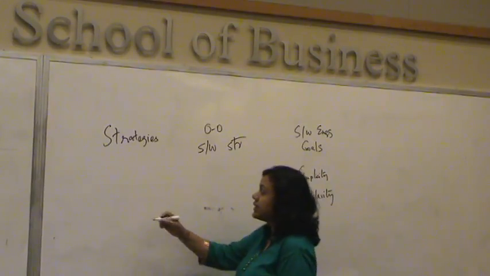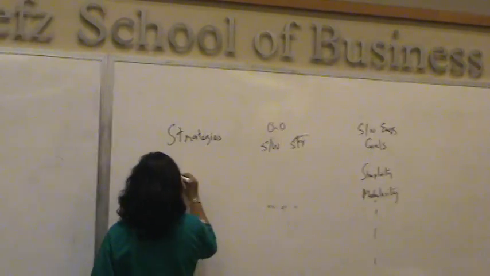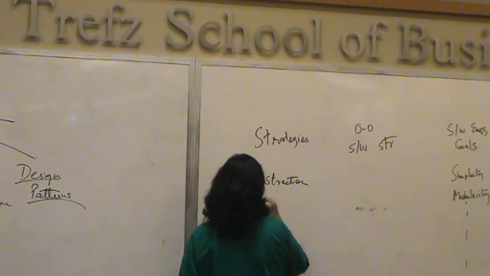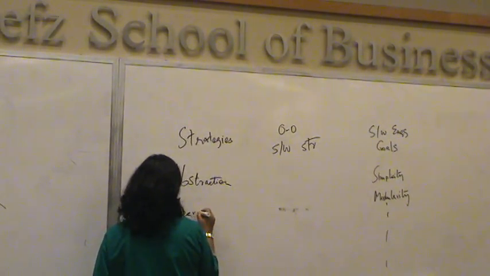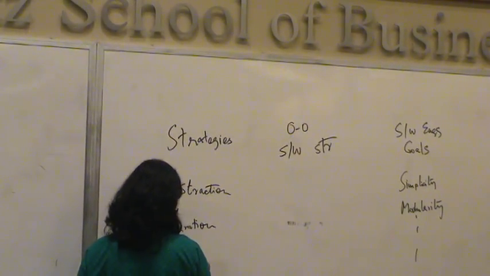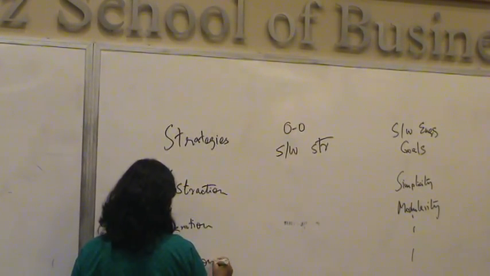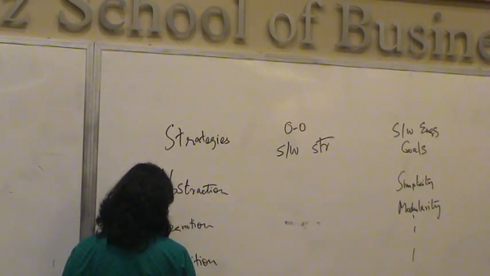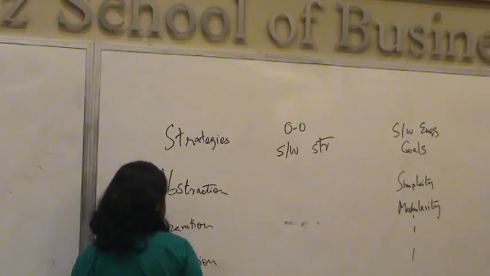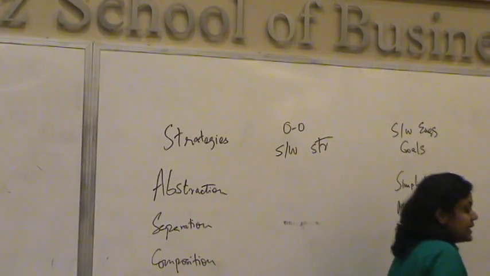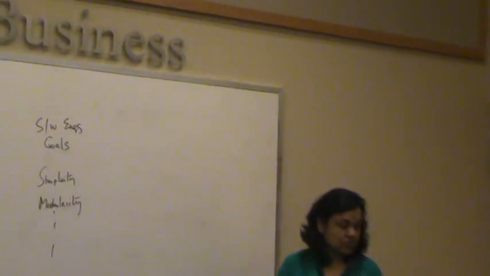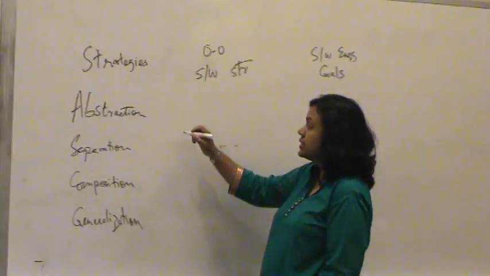Okay, and here is your abstraction, separation, composition, and generalization. So for example, if we take abstraction and separation, where do we use it?